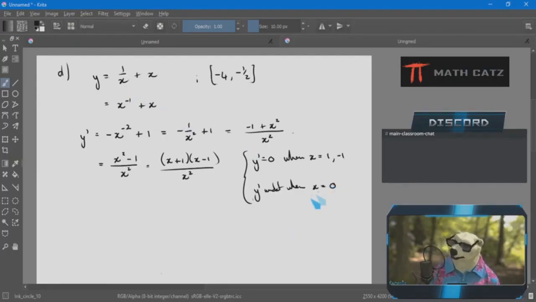So this is not a critical point. Y is undefined here as well, because I can't divide by 0 up here. So it's not a critical point. And luckily it doesn't even fall in my interval. But this guy does, right? This guy is in my interval.